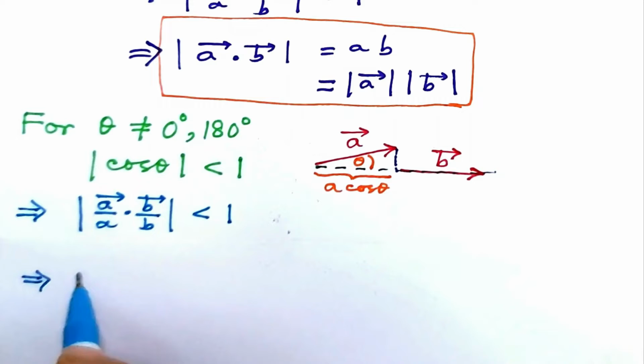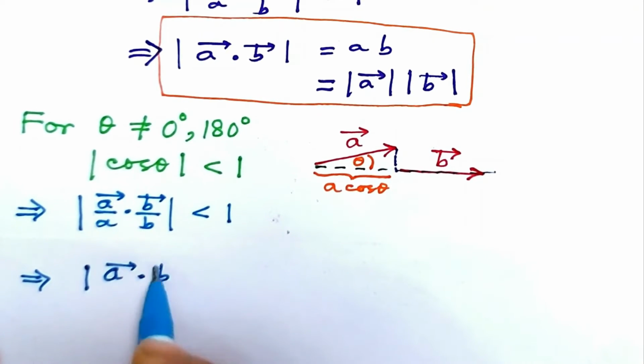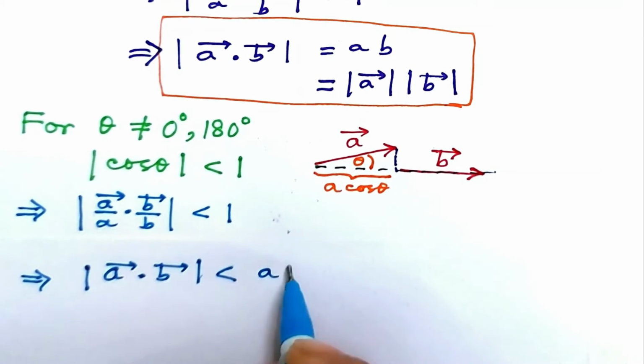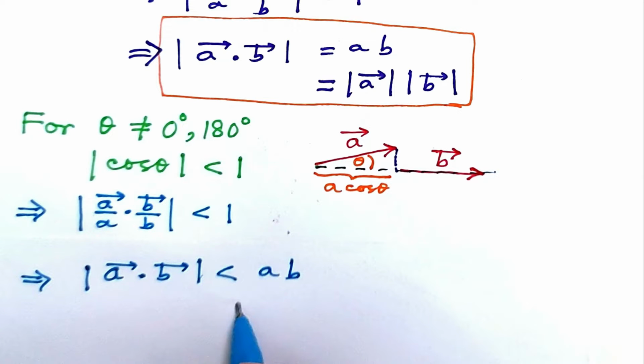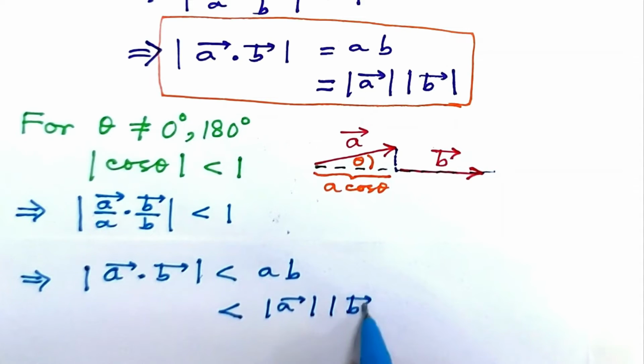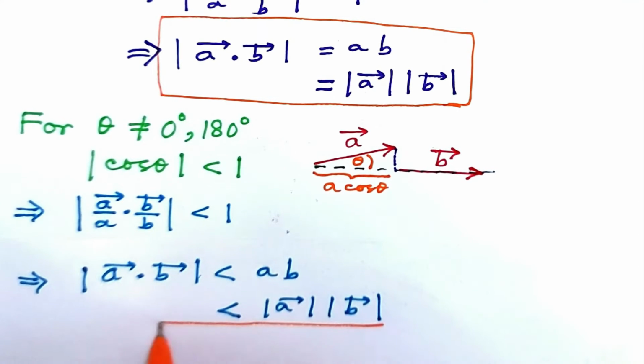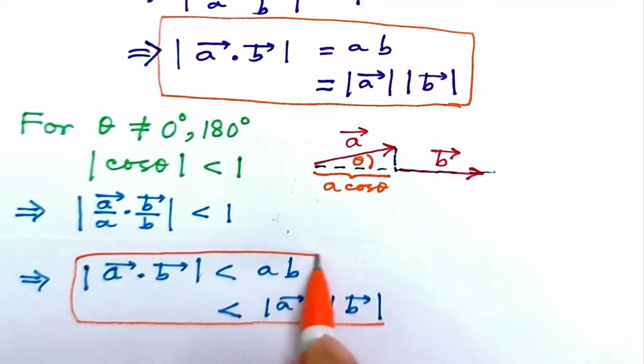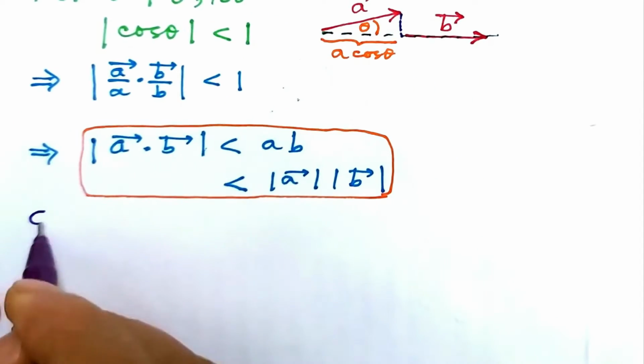This is recast as mod of vector A dot vector B is less than A into B. Written using mod, we have the left hand side less than mod vector A into mod vector B. This is an important result expressing inequality involving vectors.